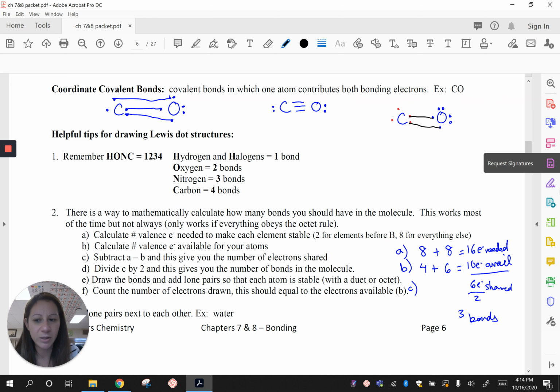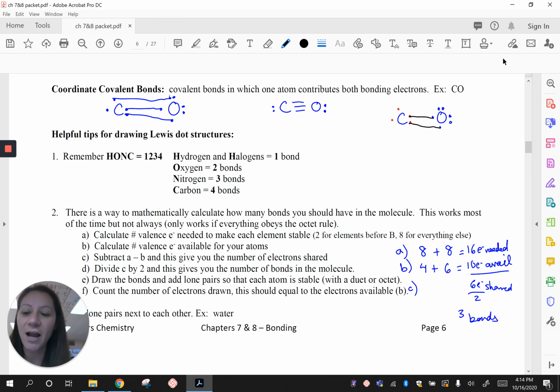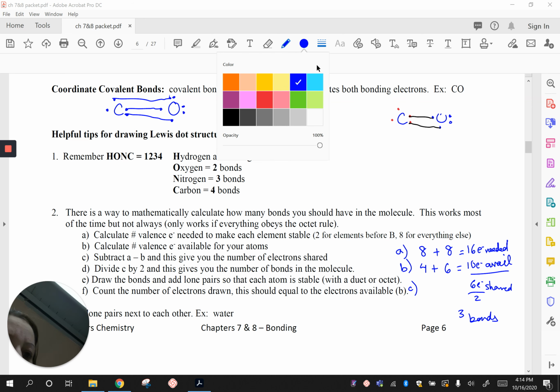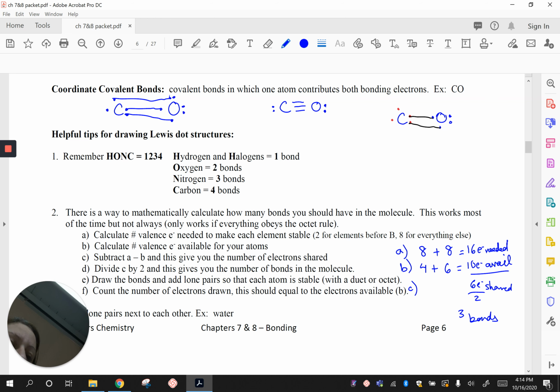So what happens? Well, carbon's not okay, but oxygen is okay. So then oxygen says, don't worry, carbon, I'm going to help you out. I have already the electrons that I need. So what I'm going to do is take 2 of my electrons. So I'm going to go ahead and erase those 2 electrons here. Okay, there's my oxygen.